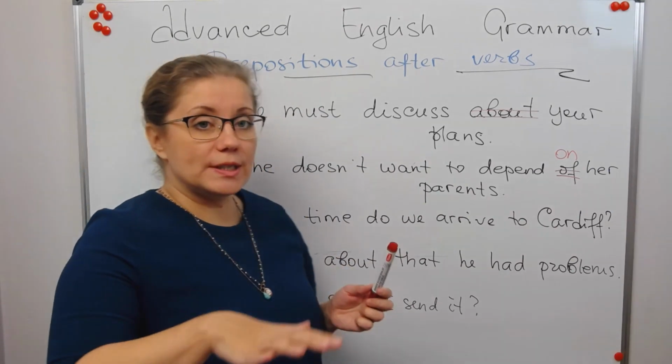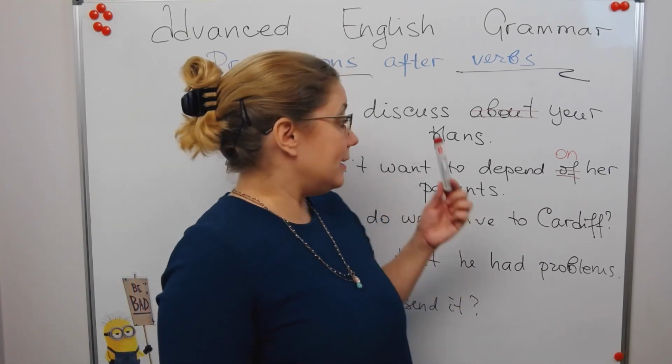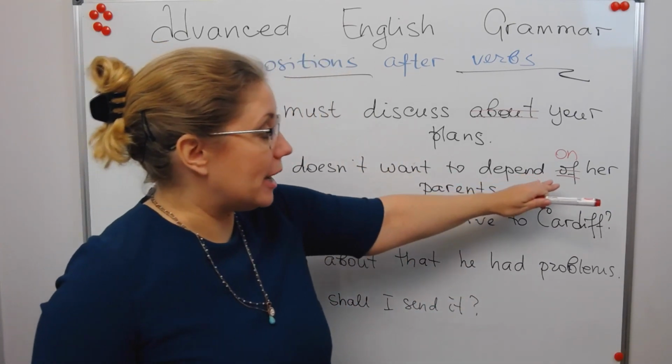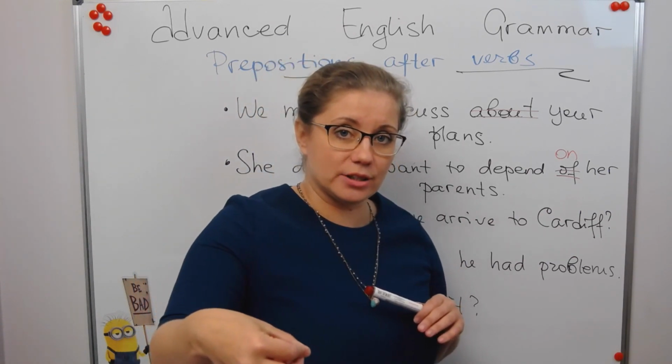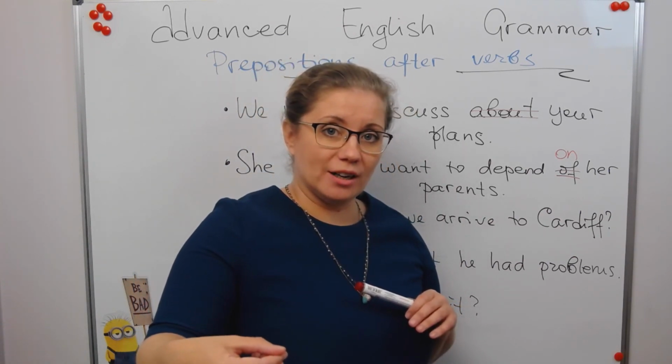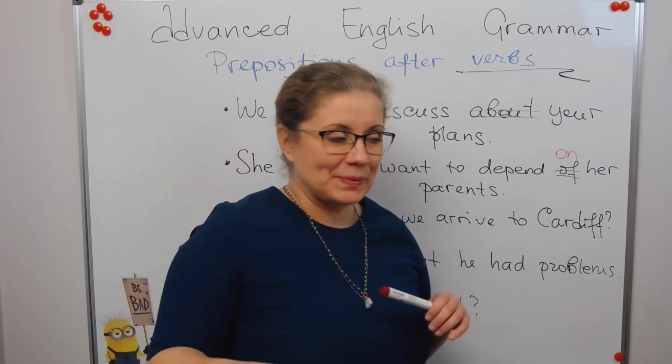So we always say depend on something, depend on somebody. And in this case, she doesn't want to depend on her parents. Again, compare it with your native language. Is there a risk of you making this mistake?